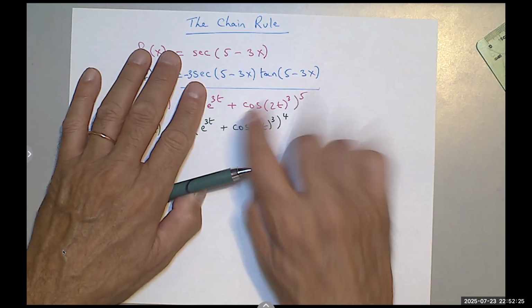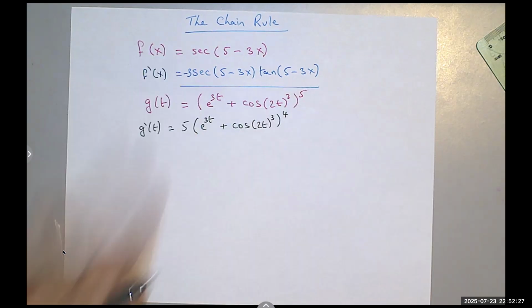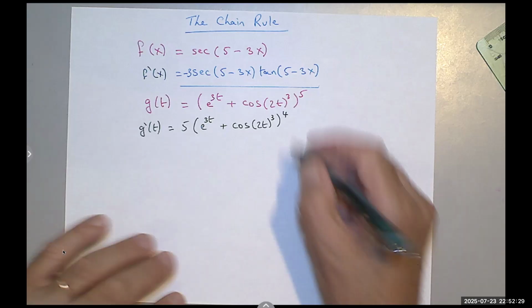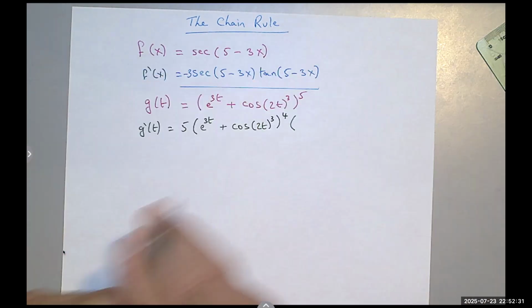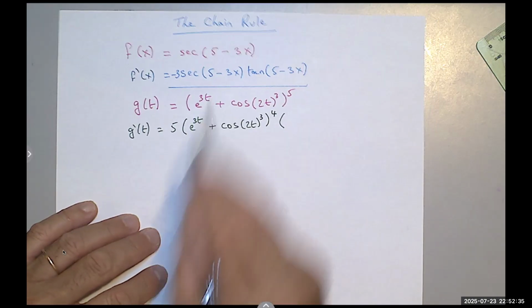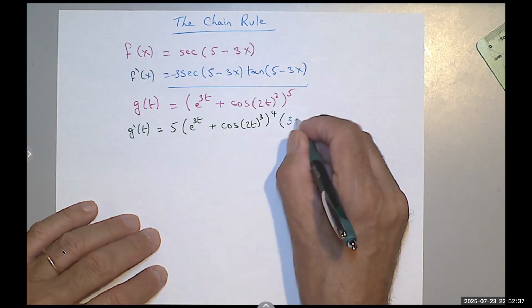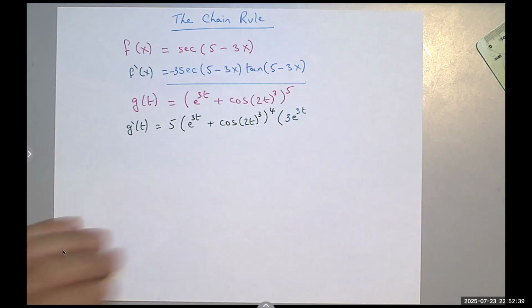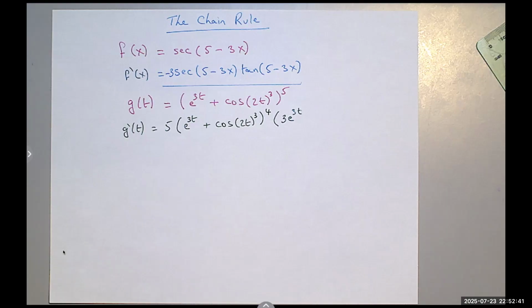So I have the sum of two expressions. So I multiply by the sum of the derivatives, right? The derivative of e to the 3t is 3e to the 3t. And what's the derivative here? I have cosine of 2t cubed. Cosine is last, right?